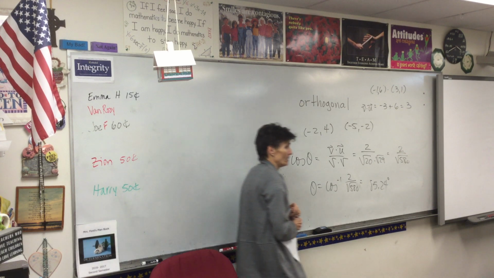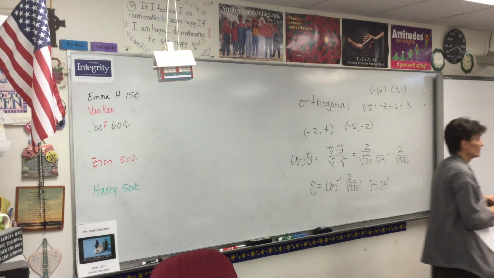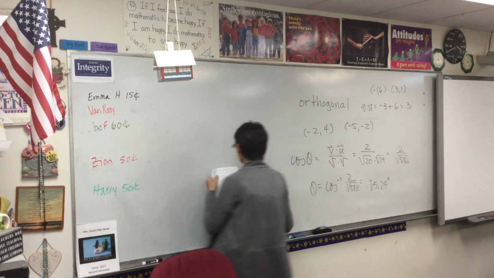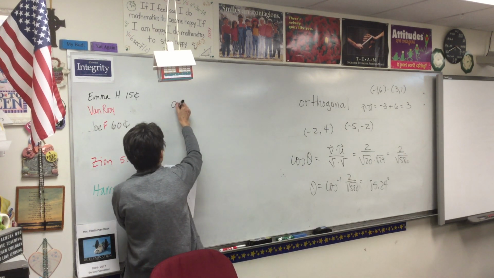If 2 lines are parallel, their slopes are the same. If 2 lines are perpendicular or orthogonal, their slopes are opposite reciprocals, right? So all of these questions can be answered with that in mind.